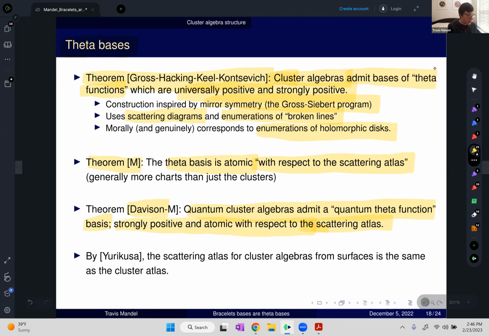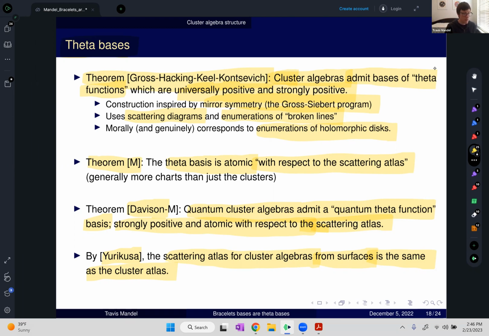And now, by the result of Yuri Kuza, it turns out that the scattering atlas for cluster algebras from surfaces, the cases that we're looking at now, is the same as the cluster atlas. So this issue I mentioned, that you need the scattering atlas instead of the cluster atlas, for these skein algebras, doesn't matter. They're the same. I should say, except for a once punctured closed surface. Those cases are a little different.